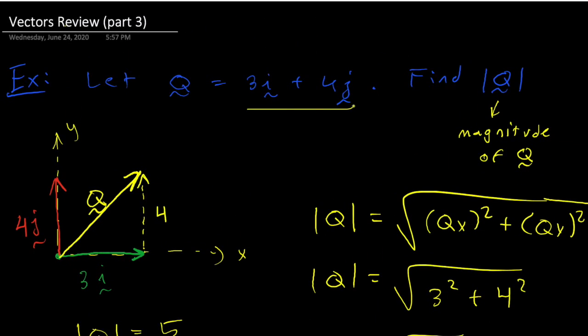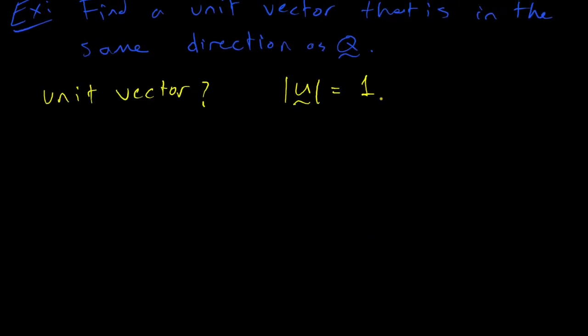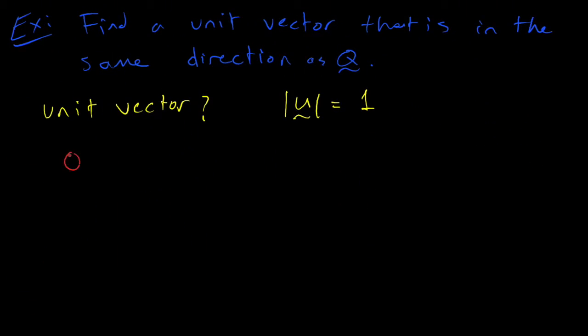From the definition above, we knew that q looks like this. So q is 3i plus 4j, right? So in order to find the unit vector of q, we need to use the following formula.